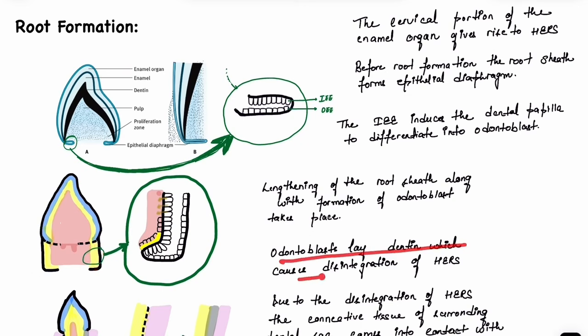Odontoblasts lay dentine which causes disintegration of HERS. So as soon as dentine is formed in here, this actually causes a breakdown of the HERS. So over here you see the dentine is formed and the HERS is broken down.